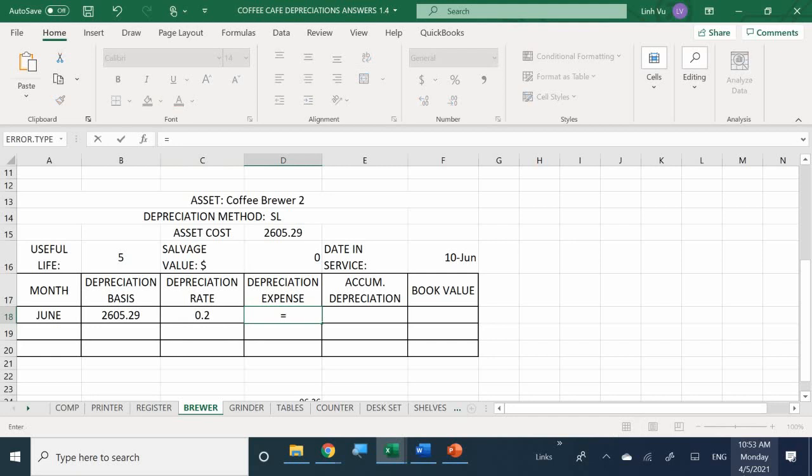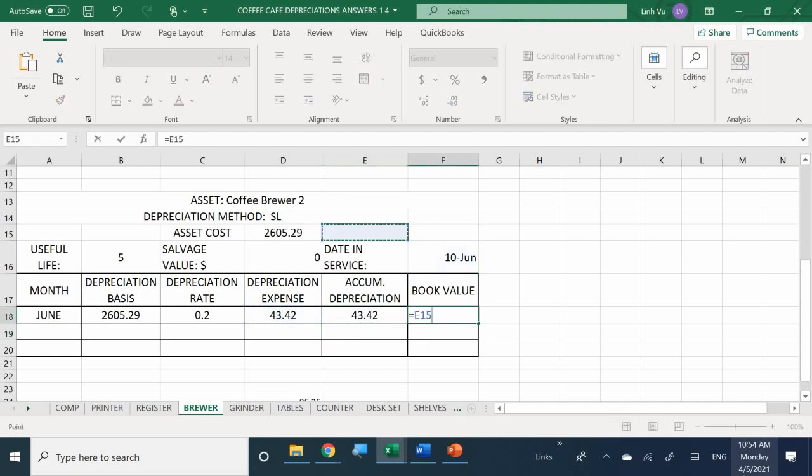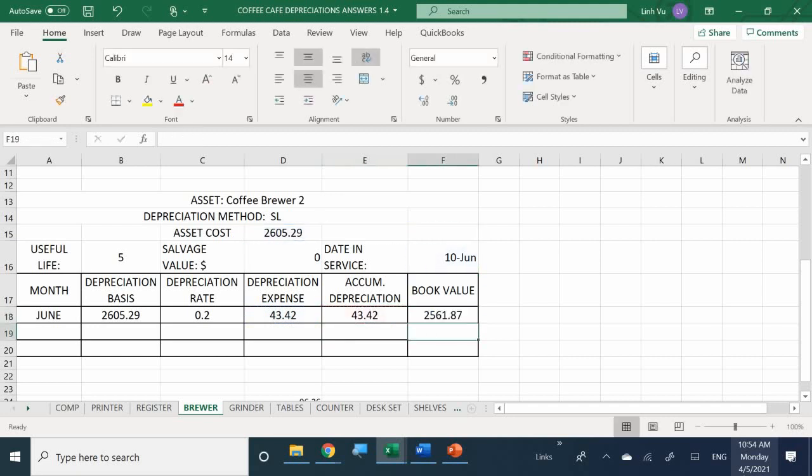Since we recognize that we have to divide everything by 12, that's exactly what I'm going to do. I'm going to round this. We're going to multiply the depreciation basis times the rate divided by 12. So what is my depreciation going to be for the month of June? 43.42. Once again, there you go.